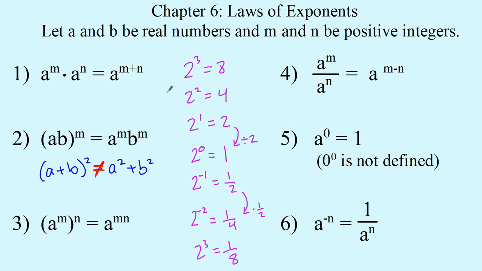I also tell kids I do not give you these rules on your test. So what I encourage you to do is as soon as the test begins, start writing at the top of your test and put those there. That way it's fresh in your brain. If you wait until it's a question, you're going to be overwhelmed.